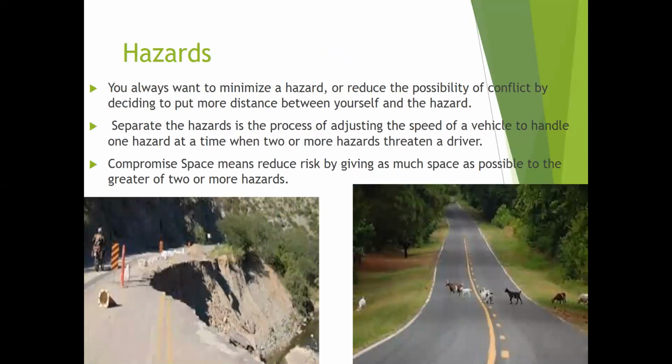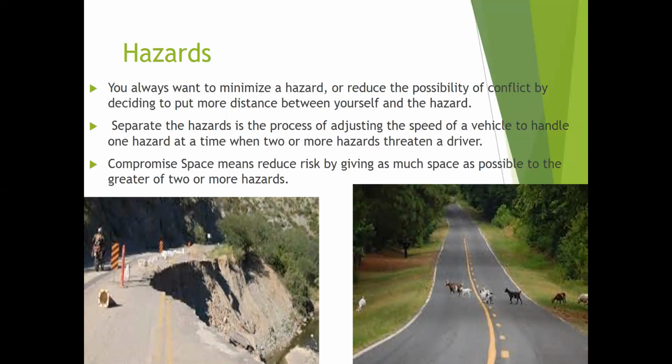So always, when you minimize a hazard, you reduce the possibility of conflict by deciding to put more distance between yourself and that hazard. That could mean getting over to the left or getting over to the right, whatever you're trying to minimize. So let's say you have 2 things that you have to deal with.